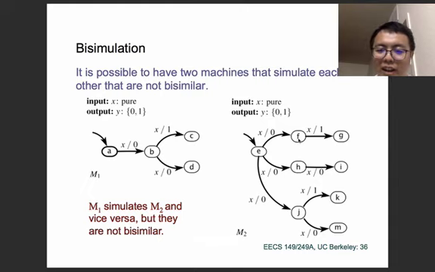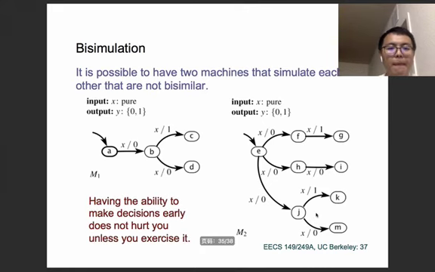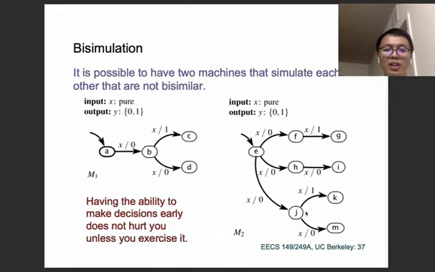But at F, we only have one possibility, so they are not bisimilar. But they are similar because we can let M2 just go to G, so that they will be similar. So it's possible to have two machines that simulate each other that are not bisimilar.